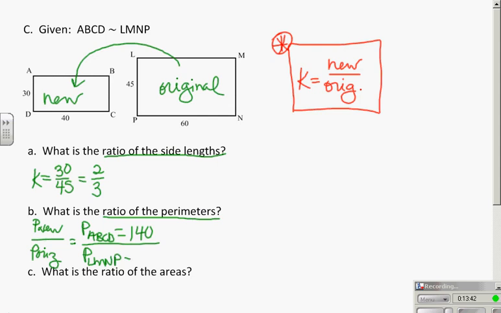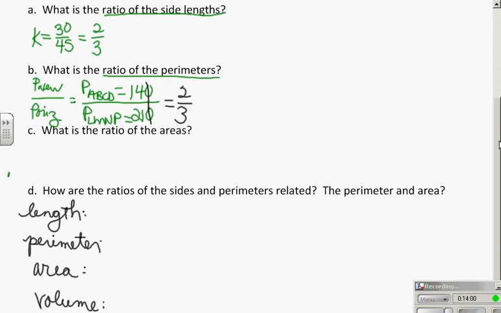The perimeter of LMNP is equal to 60 plus 60 plus 90, 210. The zeros will cancel. 14 and 21 have a common factor of 7, which leaves me 2/3, which is exactly the same scale factor as the length.